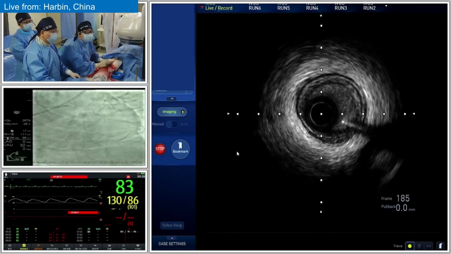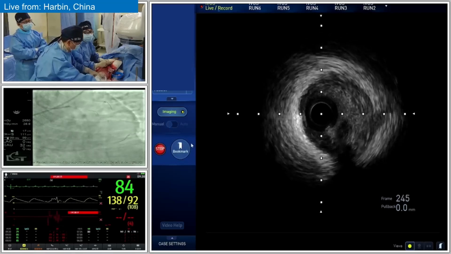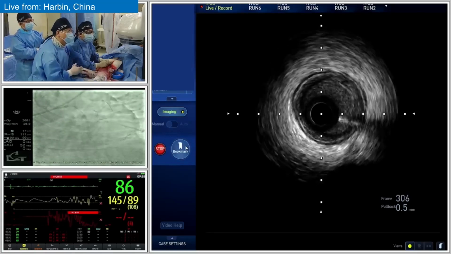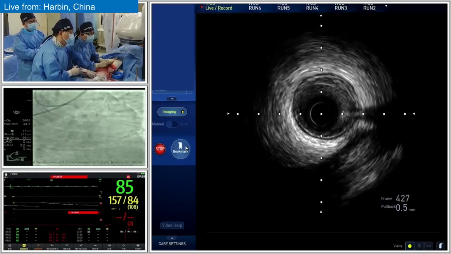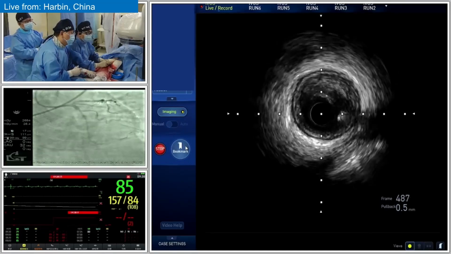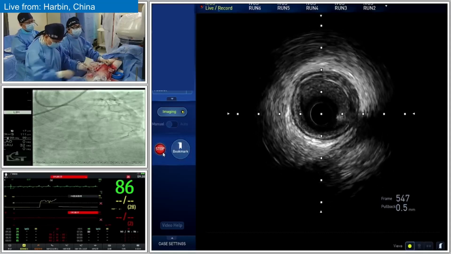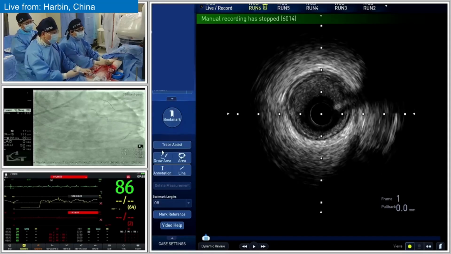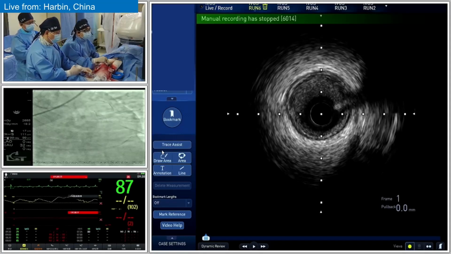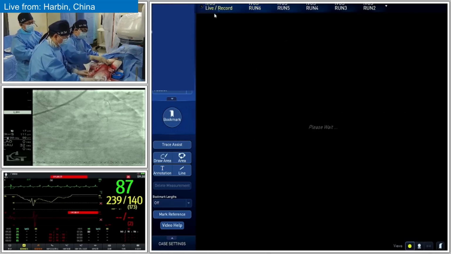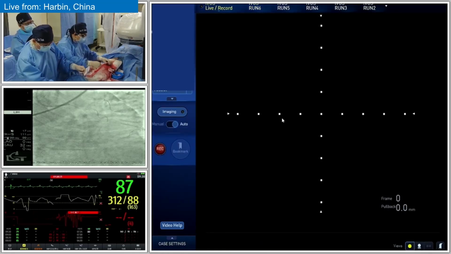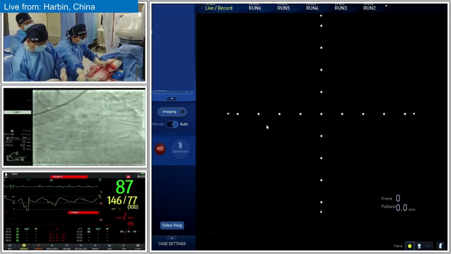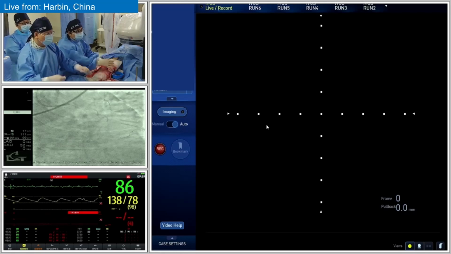Give me a little contrast. Okay. The longest 2.5 stent.